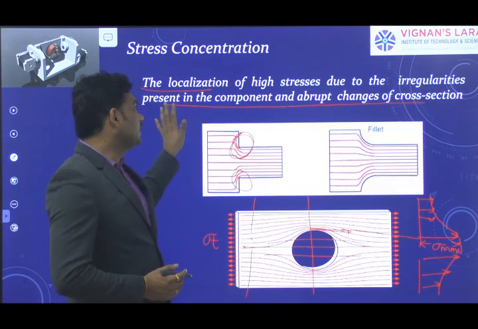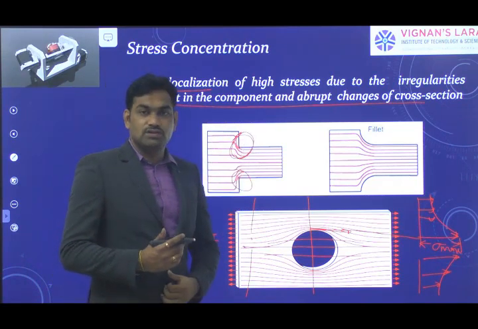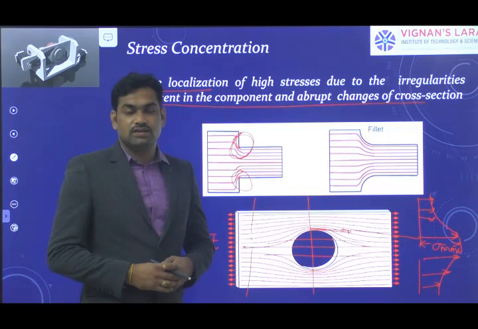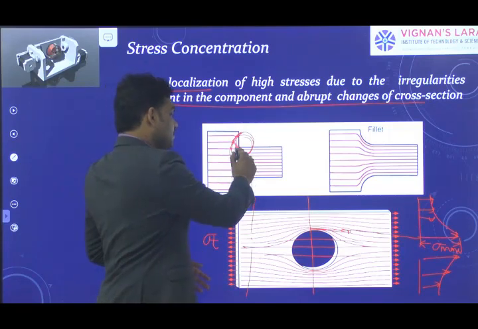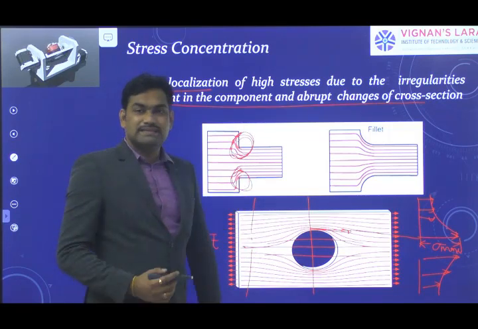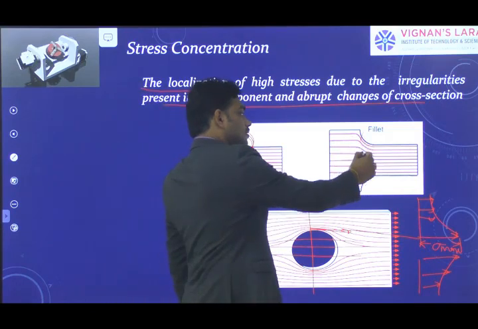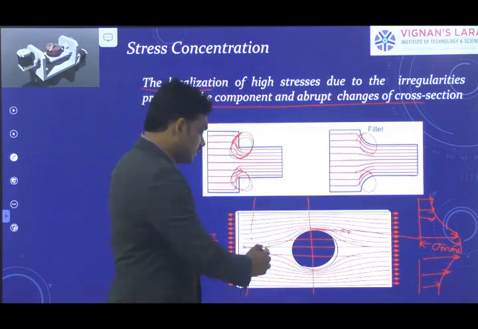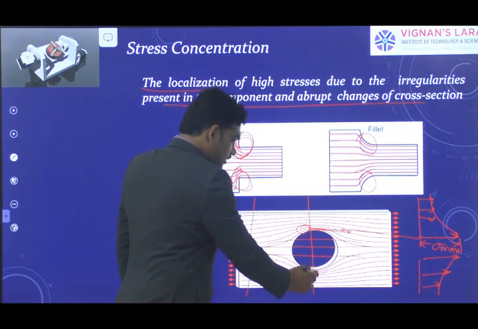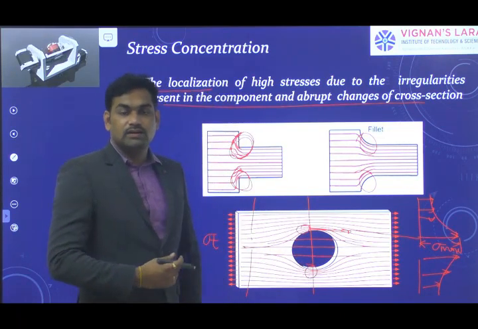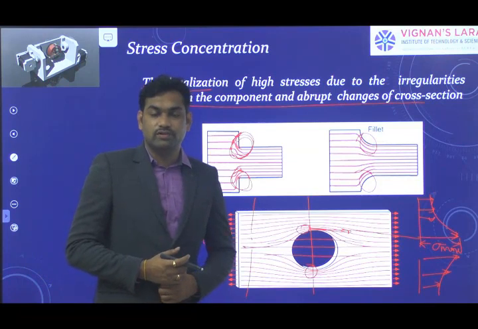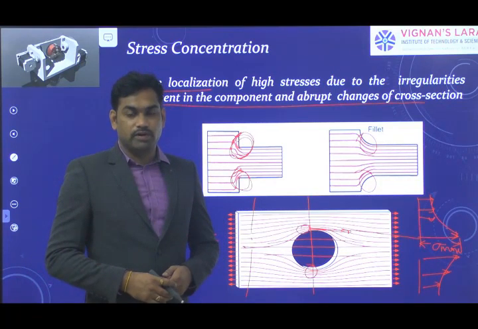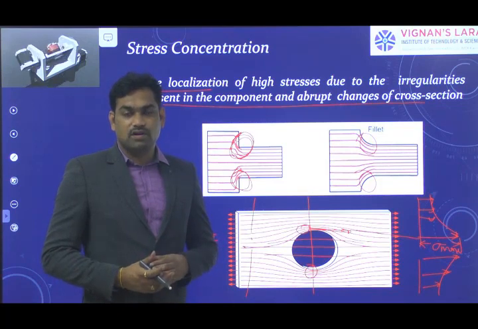Majorly this can be defined as the localization of high stresses due to irregularities or any sudden changes in the cross section, which will produce a high stress concentration. That is, a high stress will be induced at these particular areas, which we call stress concentration, because the flow lines are disturbed by the included geometries in the machine component. Clear?